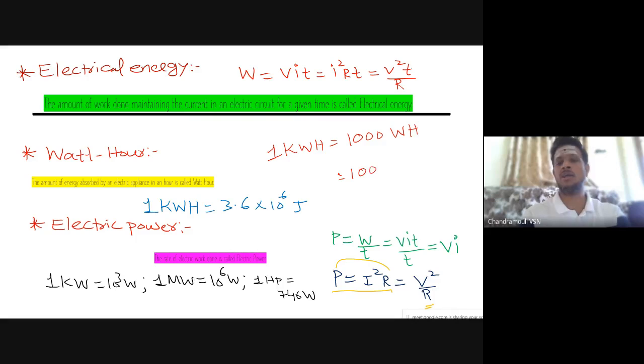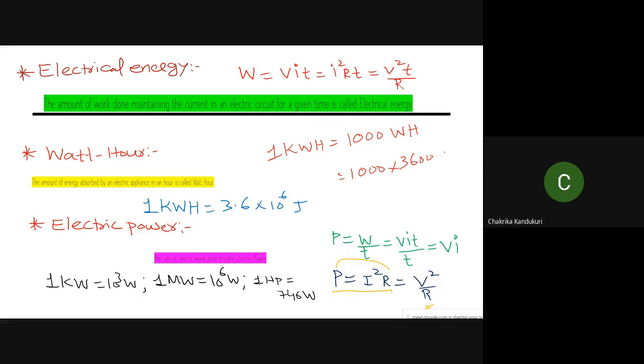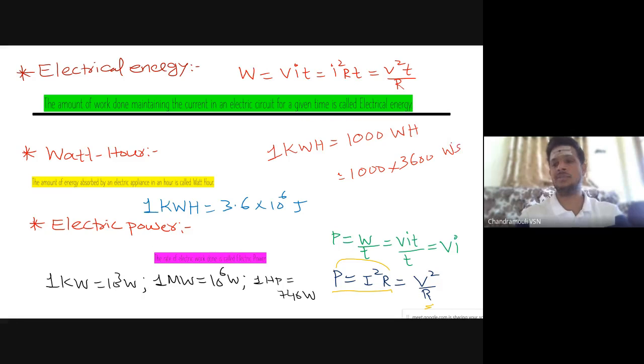But I want it in seconds, not in hours. 1 hour, how many seconds? 3600 watt second. Then you can write it as 36 into 10 raised to 5 watt second, which is called joule.